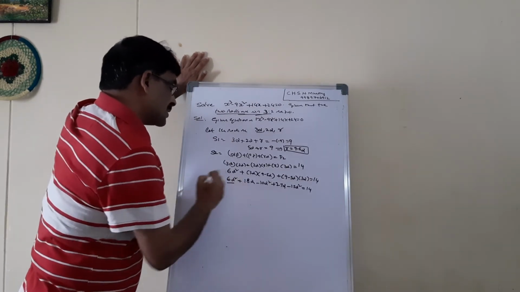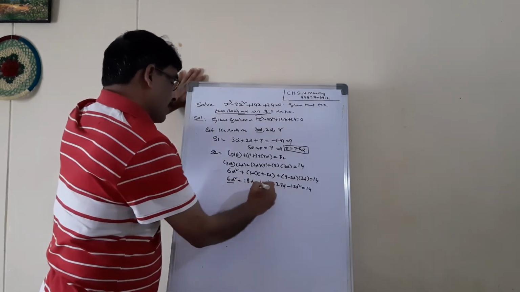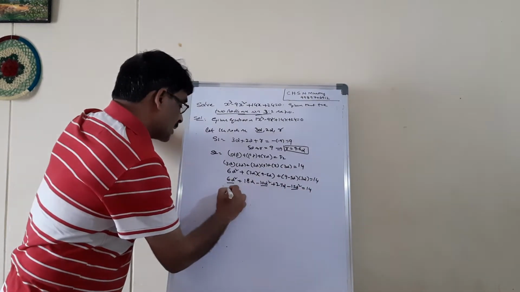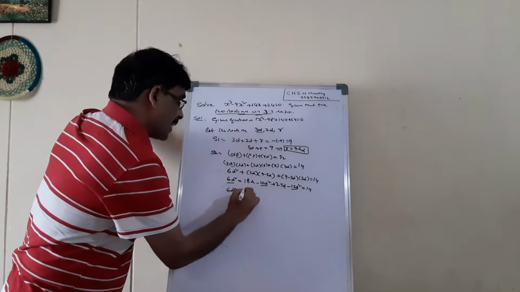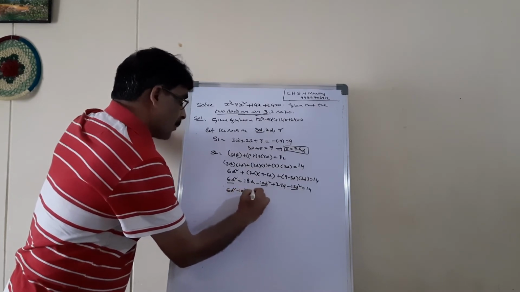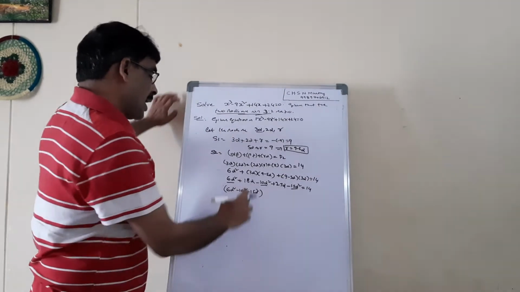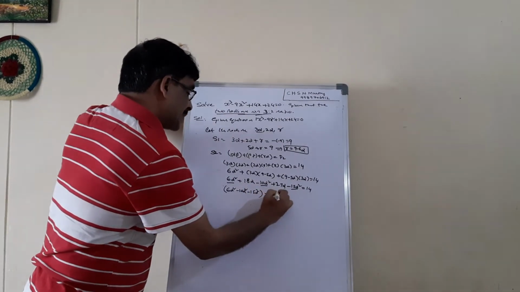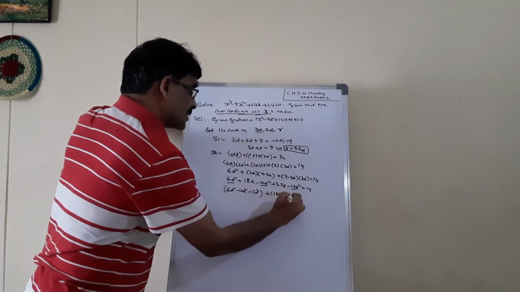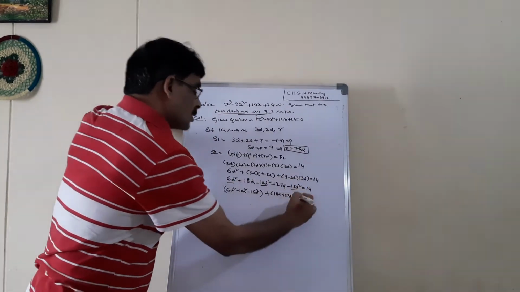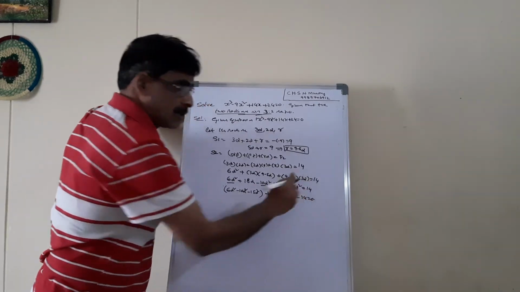Now 6 alpha square minus 10 alpha square minus 15 alpha square, and alpha terms 18 alpha plus 27 alpha, and minus 14 equal to 0.